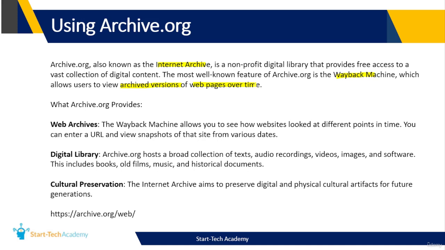If you are a historian studying the evolution of a major news website, you can go to archive.org and review how its content and designs have changed. Or you can use it for content recovery, as we talked about a few minutes ago. If a website that you relied on has been deleted or altered, you can retrieve the older content.